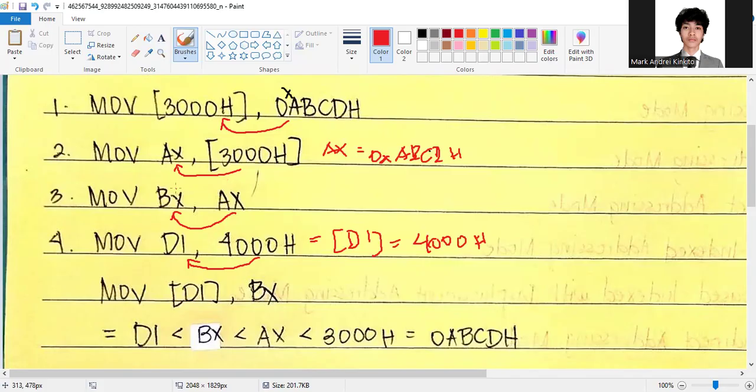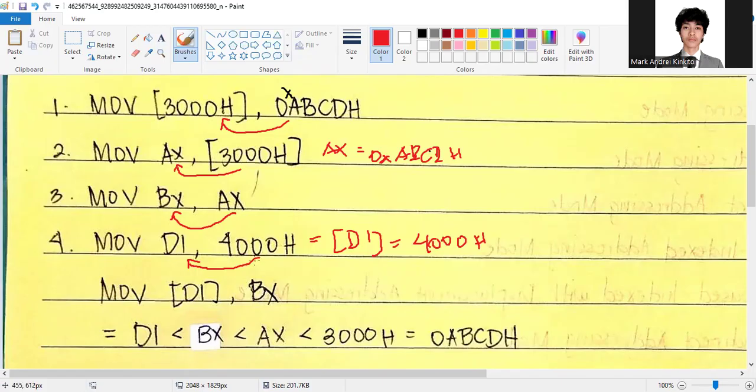Then number 3 copies the value from AX to BX using register addressing mode, so we put AX into BX. Right. And then number 4 stores the value in BX at the memory location pointed to by DI using register indirect addressing mode.